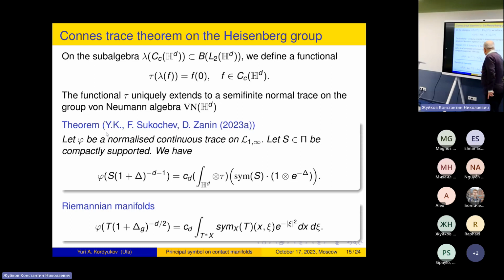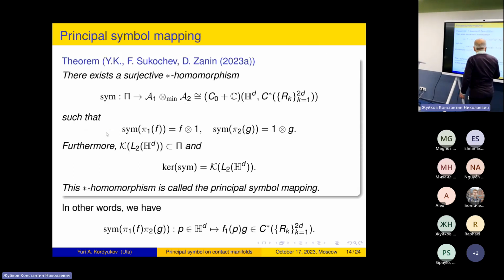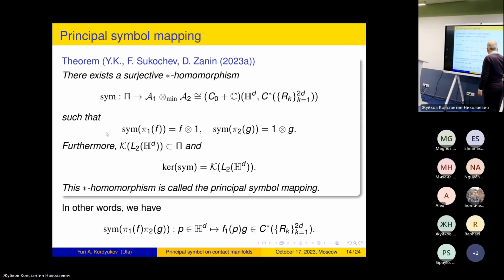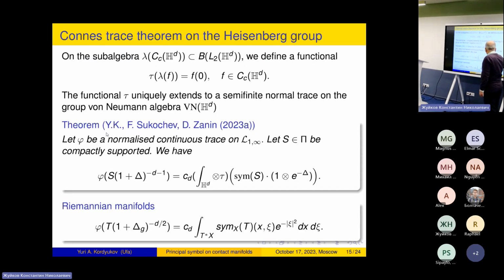But here I take tau. Tau is a von Neumann trace on the von Neumann algebra. So I remind you that I have this non-commutative algebra in the fibers. So our symbols take values in this algebra. And there is a natural trace there, so I take the trace.